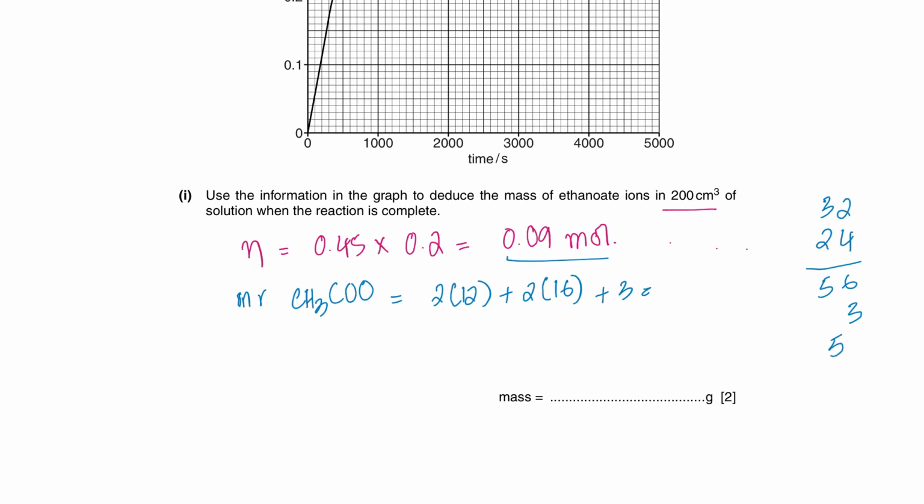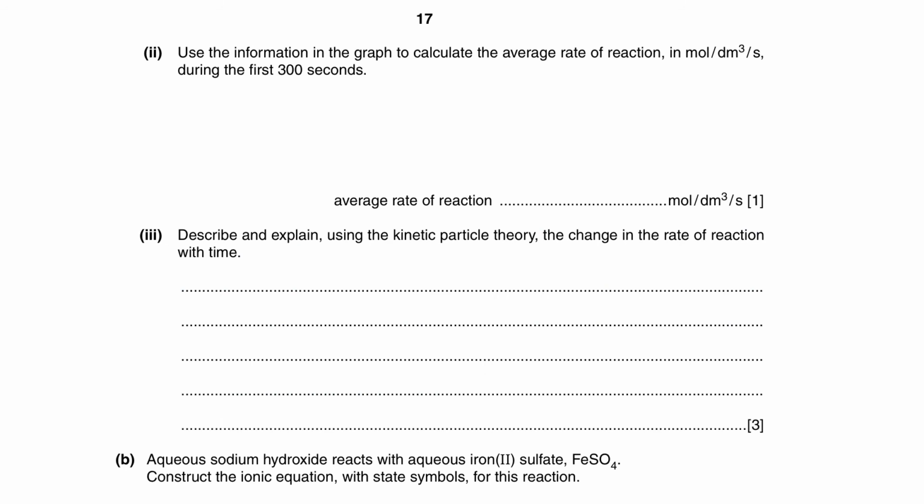That's 59, right? So this is 59. So the mass is going to be 59 times the moles, 0.09, which is 5.31 grams. 5.31 grams.